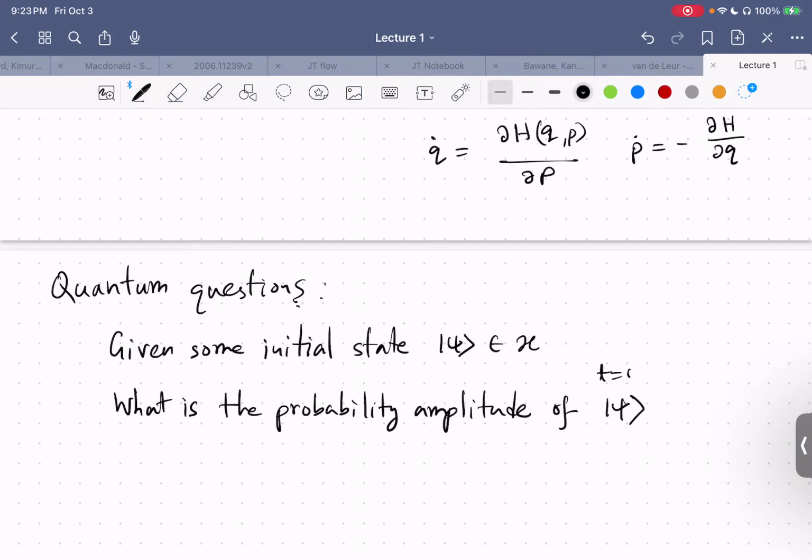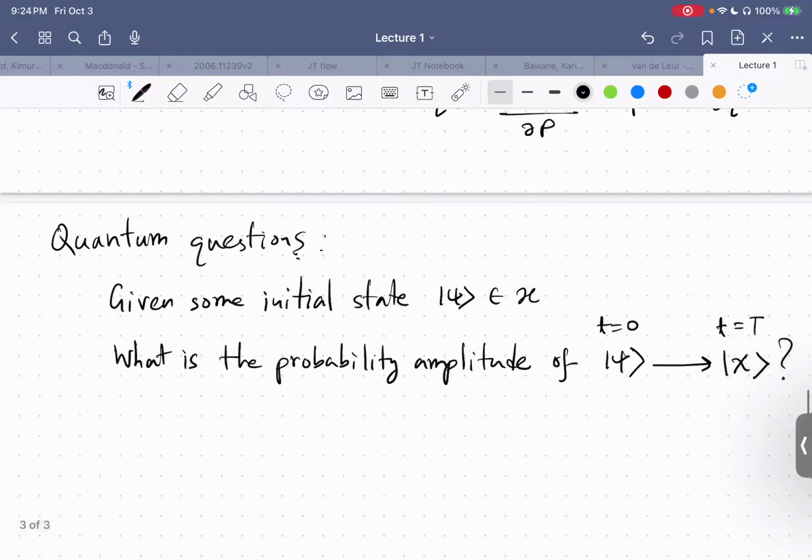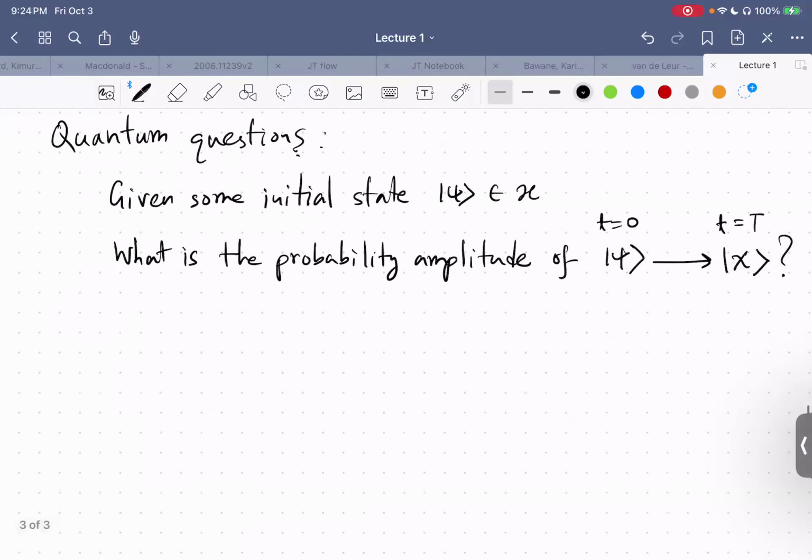So at time t equals 0, you pick some state and you ask what is the transition amplitude from this state to some other state at a different time, maybe at time t equals capital T. So we want to compute this kind of transition amplitude from one state to another. And so let me introduce a notation for this thing.